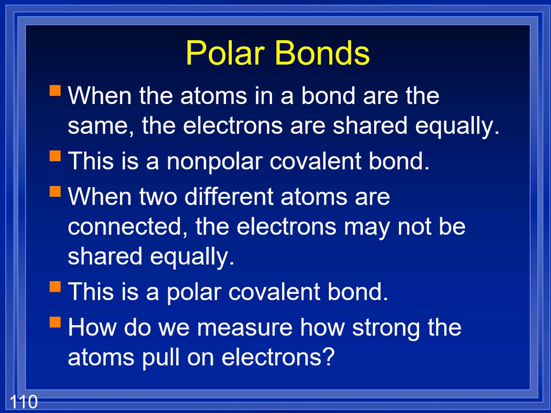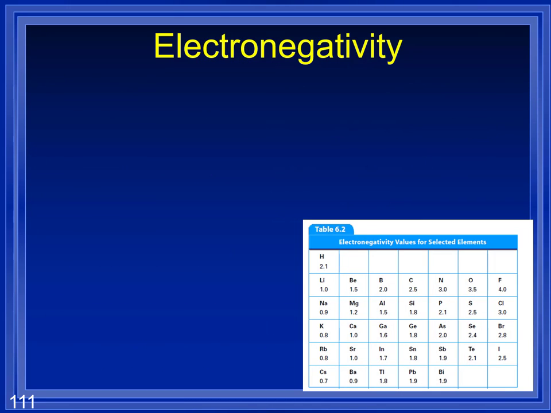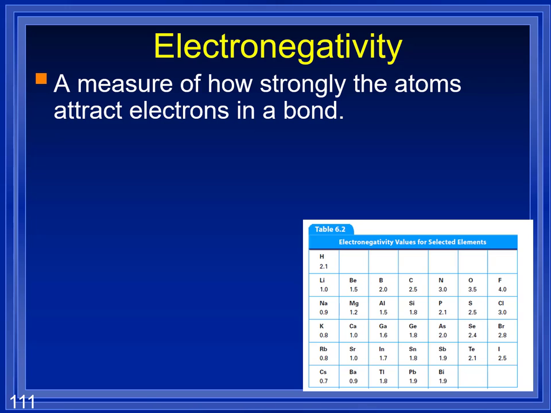That word was electronegativity. Electronegativity. That was one of our topic words last year. How hard you pull on your neighbor's electrons. And this was our definition. Way back in chapter 6.